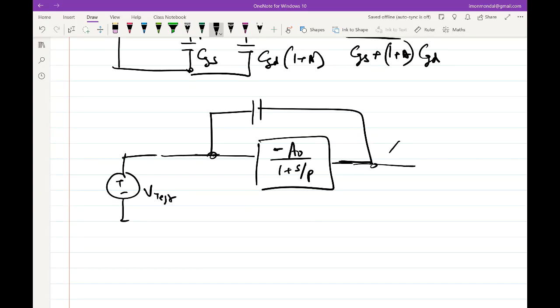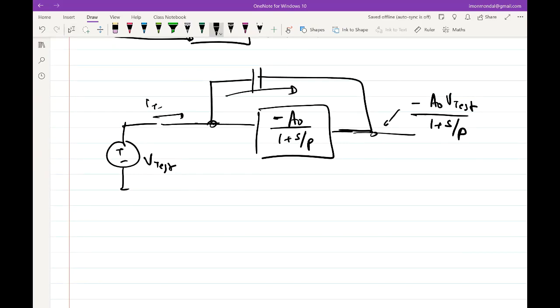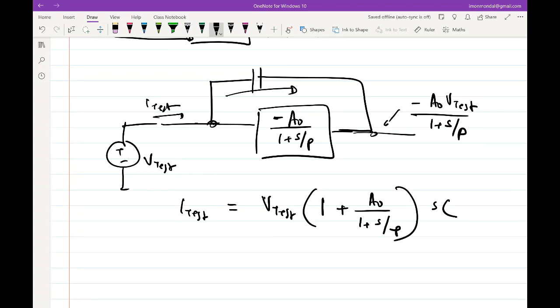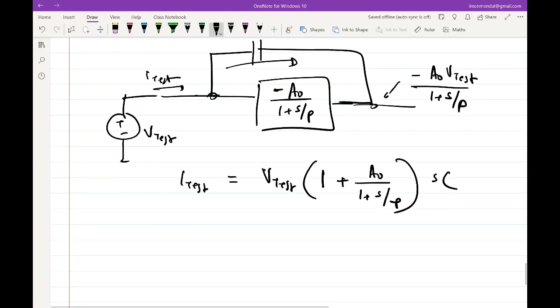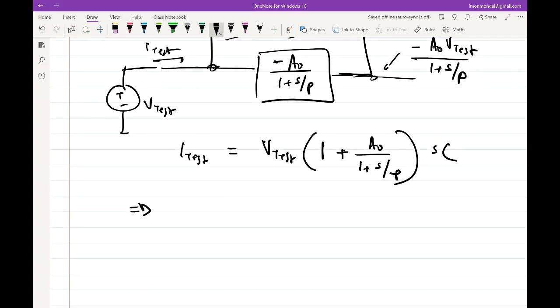So this voltage will be minus A naught V test by 1 plus S by P. Correct? So what is the current now? I test is just... Correct? So what is V test over I test?